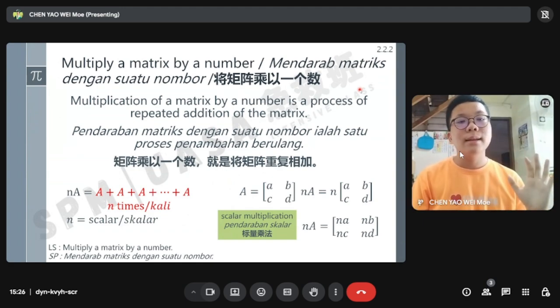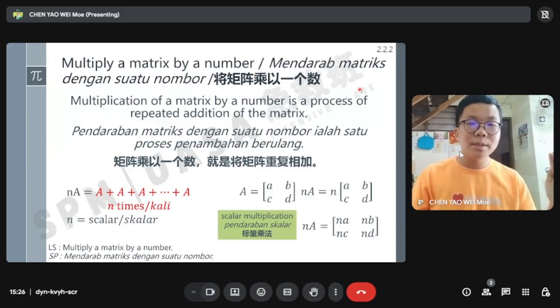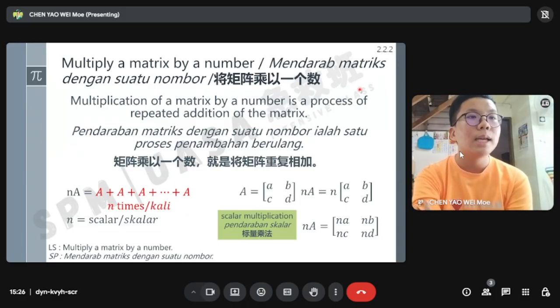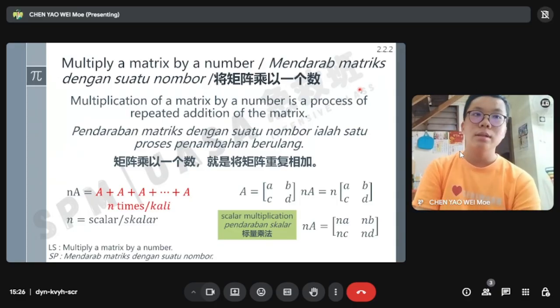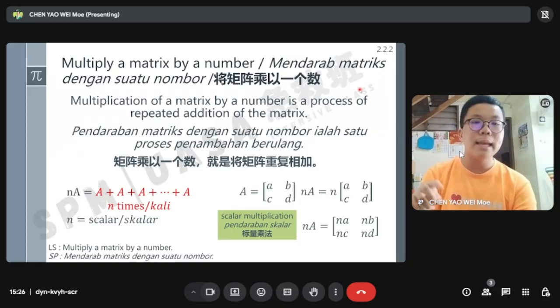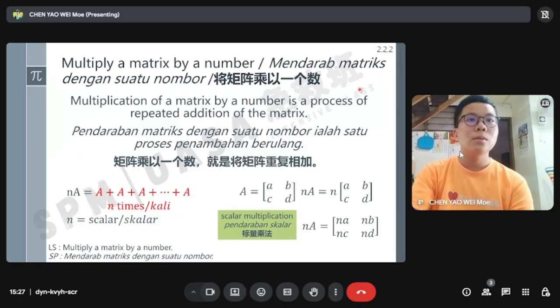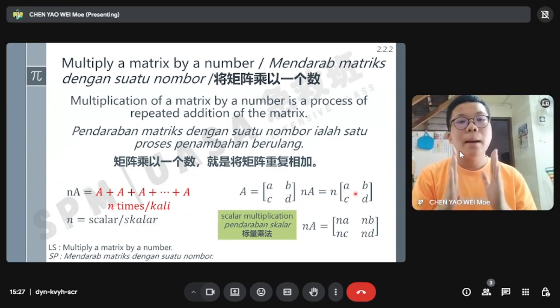If I want to add the same matrix many times, for example A matrix n times, I need A plus A plus A until n times. So from here we can say that n is a scalar. I can simplify it like this, because actually we are doing multiplication.